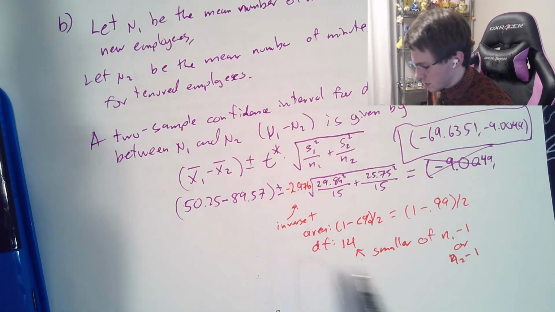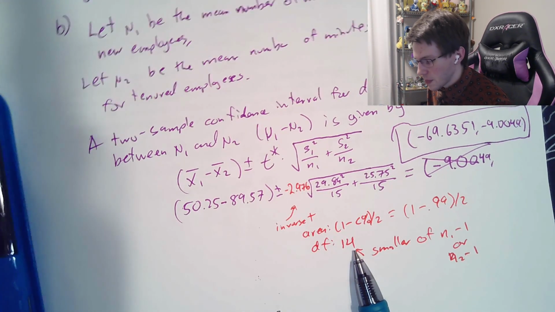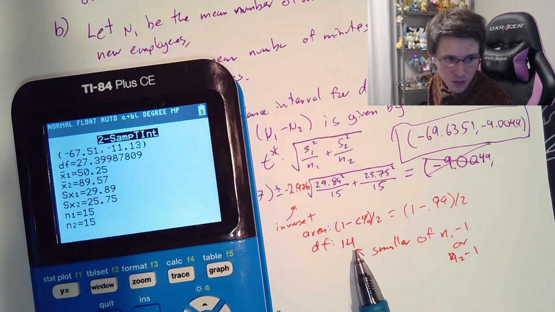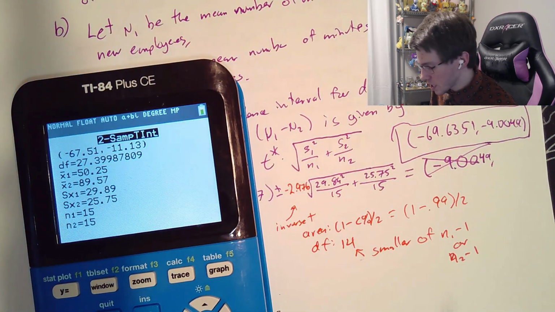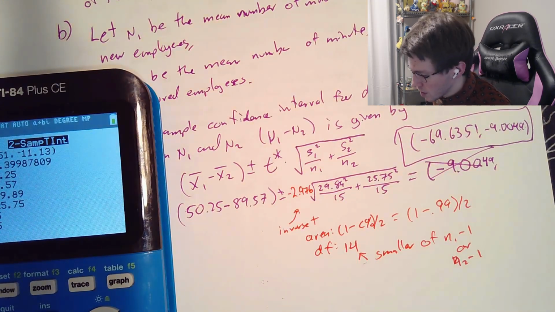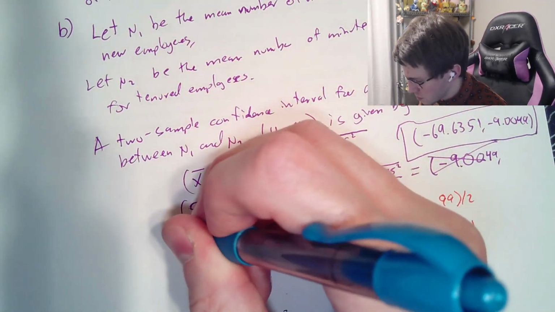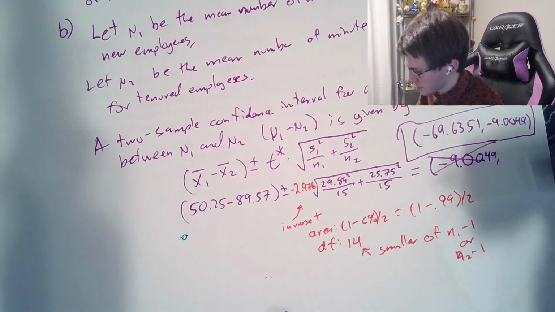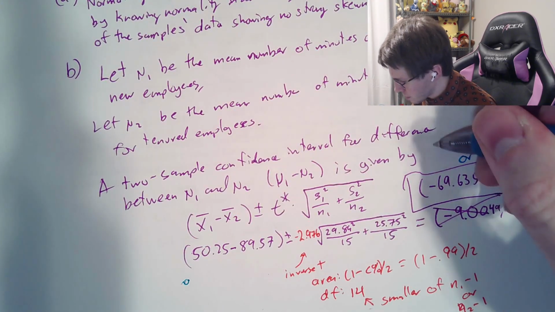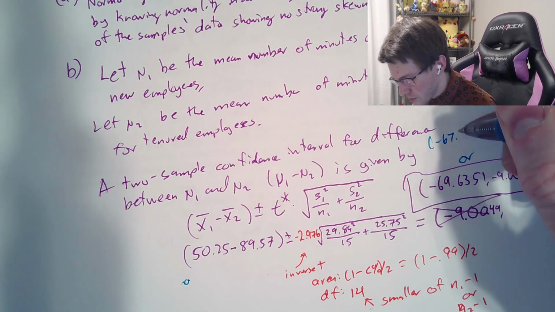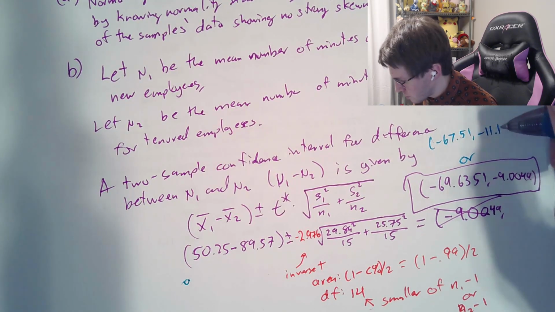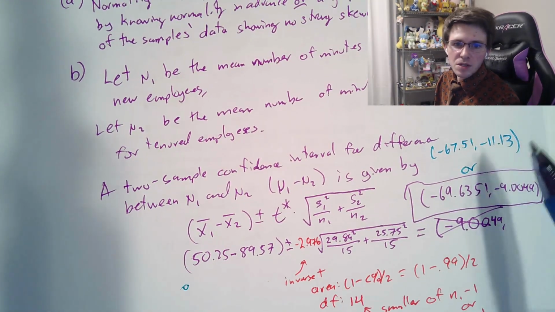This one has degrees of freedom 14, but the calculator says 27.399. So I'll write the blue answer here: negative 67.51, negative 11.13.